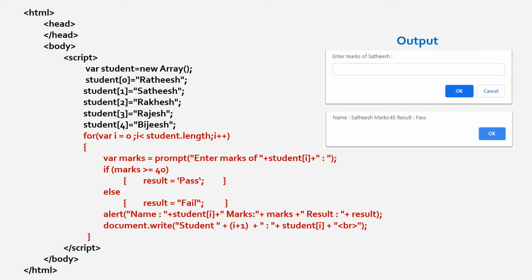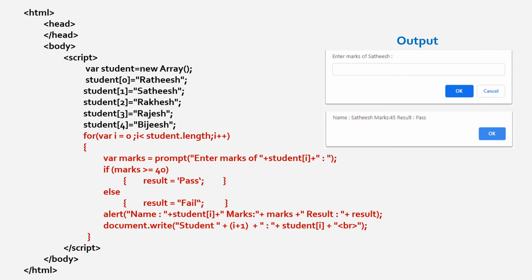So no need to mention it in advance. It is easy for us, because if you increase the length of the array, again you need to specify the length there. So instead of that, it is more convenient to use the length of the array as the maximum limit in the condition expression.